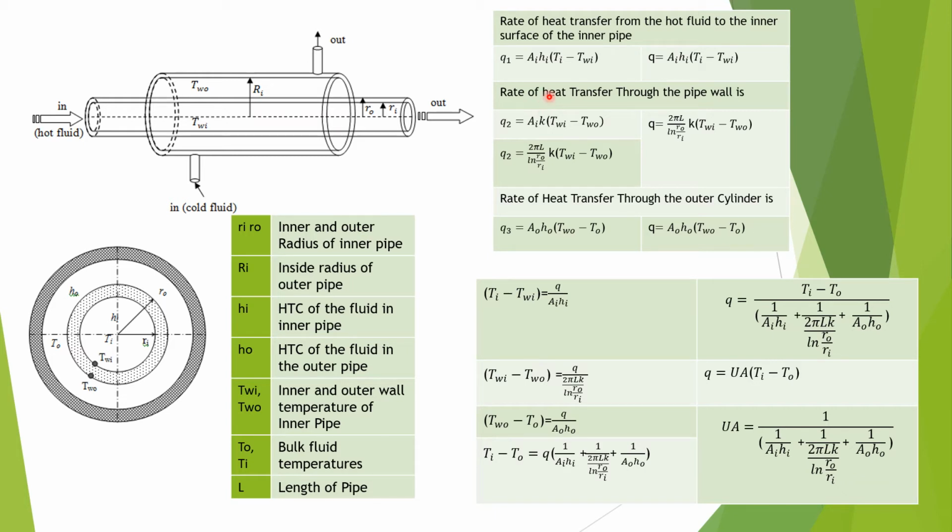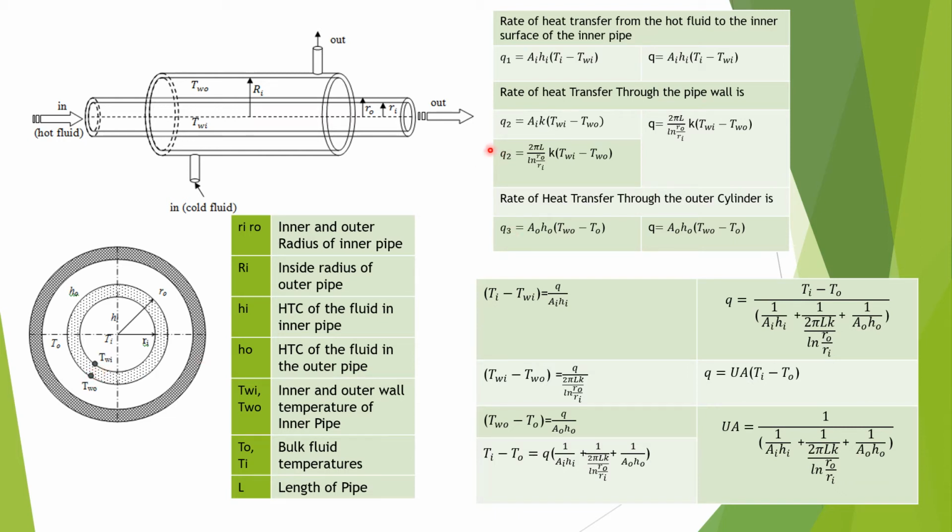Now moving to the next step, what we are going to do is calculate the rate of heat transfer through the pipe wall. As the pipe wall is a solid cylindrical wall, we are going to calculate the rate of heat transfer between these 2 points by using Fourier's law.